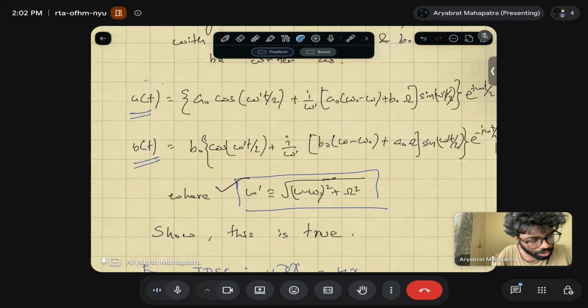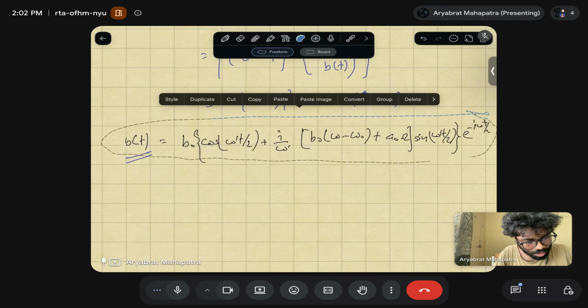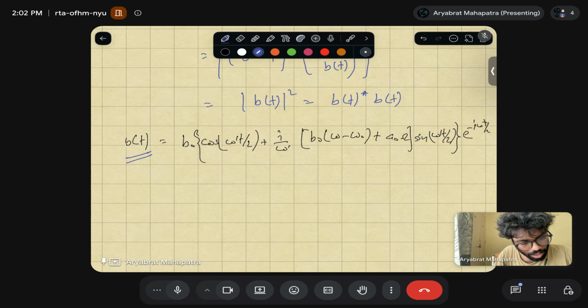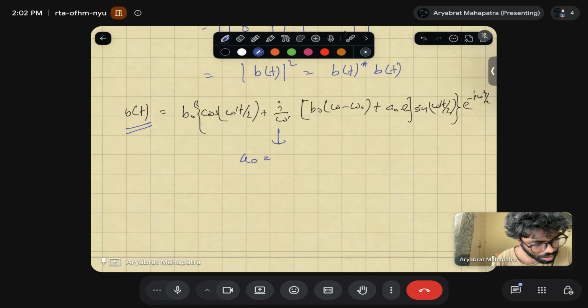Right, so using this b of t expression, from the initial condition you have a0 equals 1, b0 equals 0.